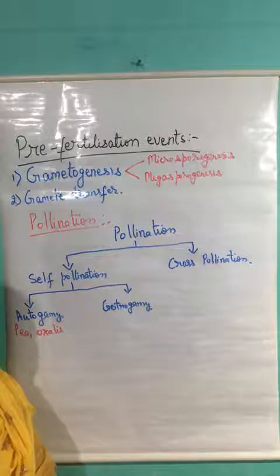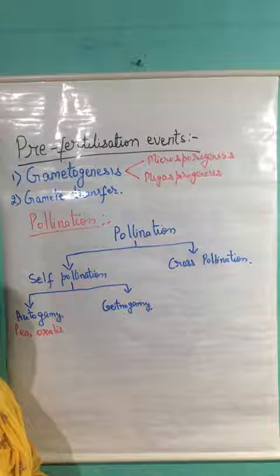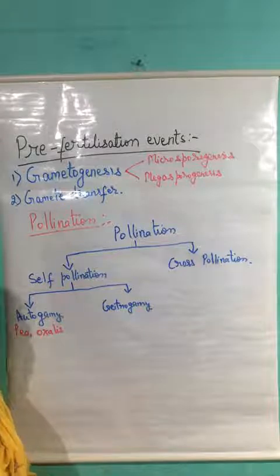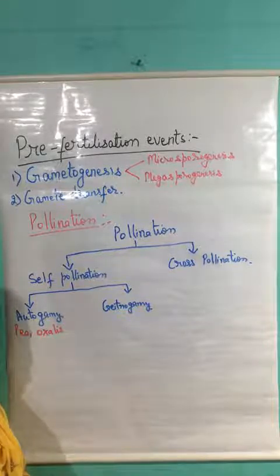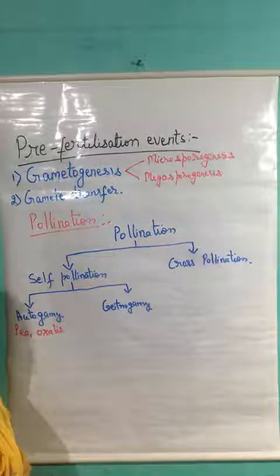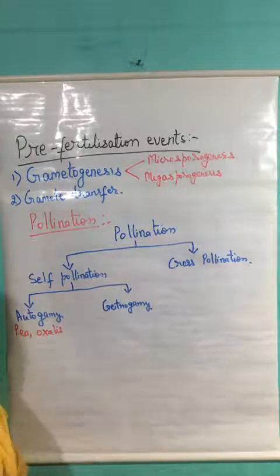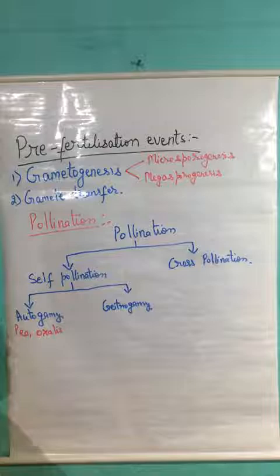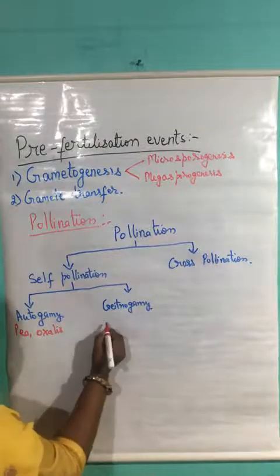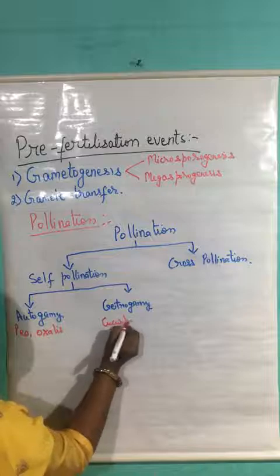Whereas if the transfer of the pollen grain takes place from the anther of one flower to the stigma of another flower of the same plant, then that type of pollination is known as geitonogamy. Here the example is cucurbits.